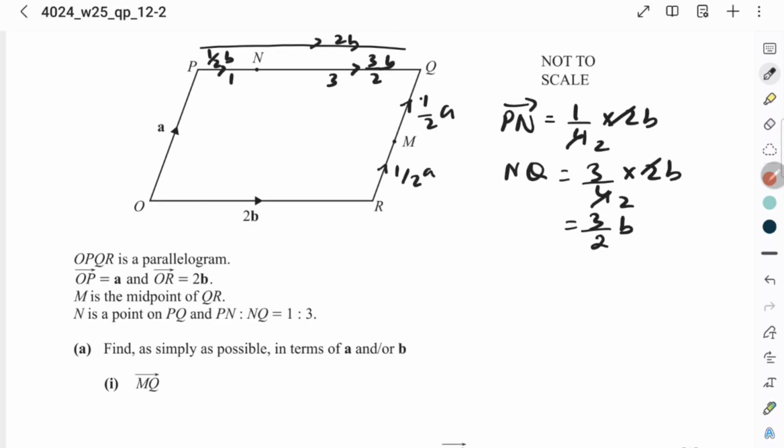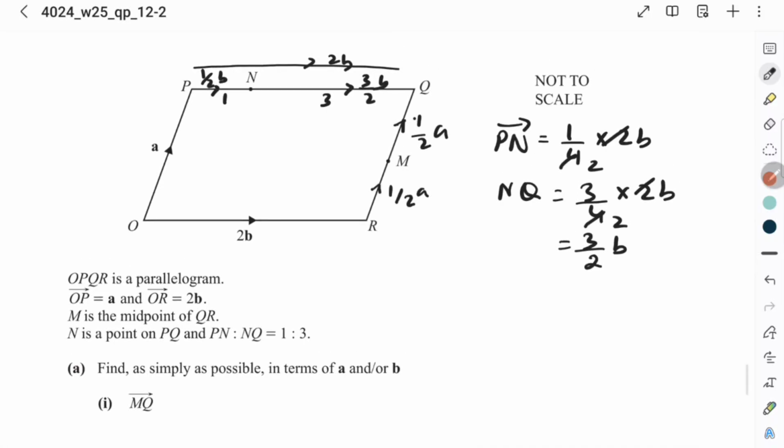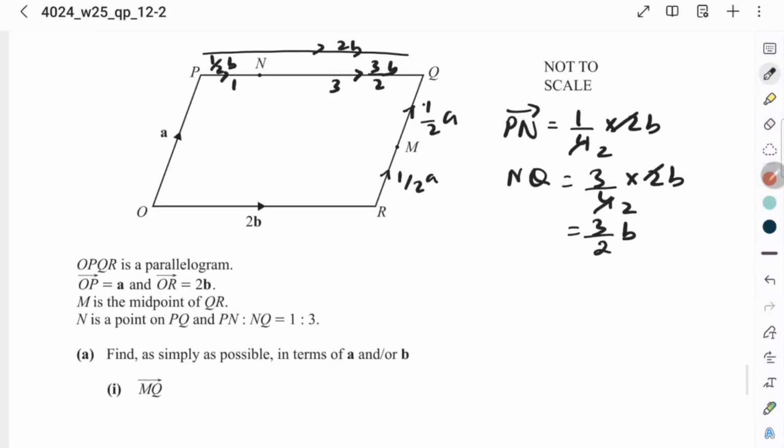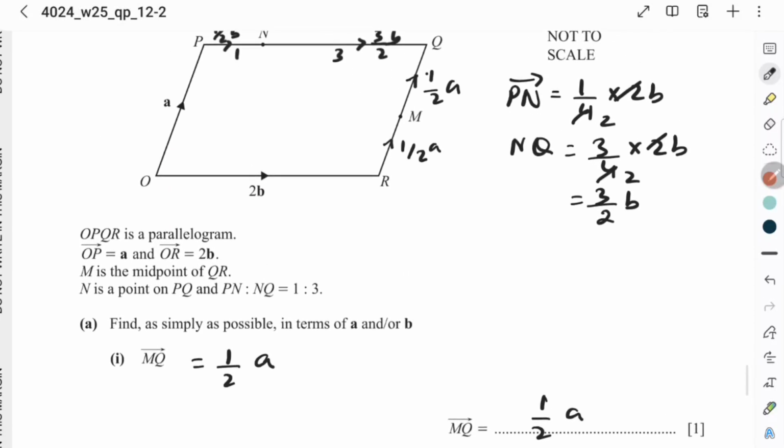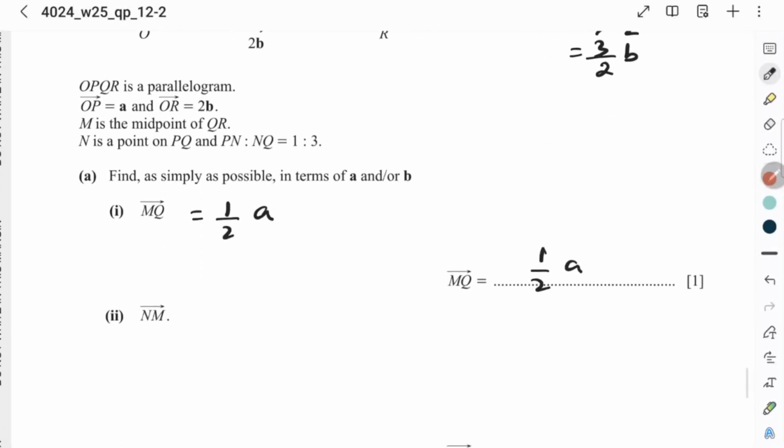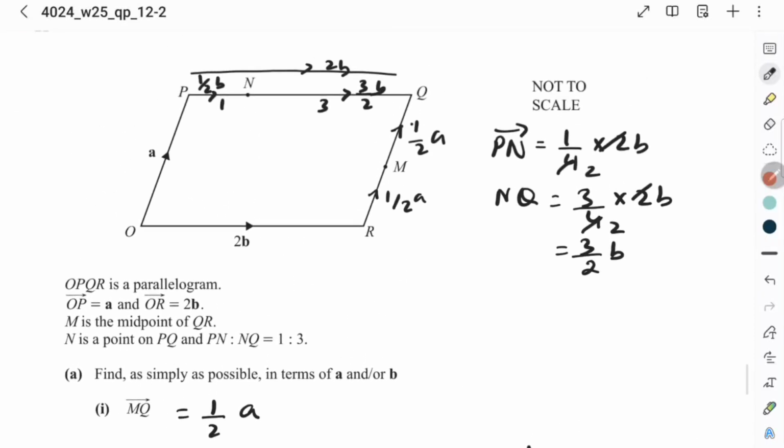So now find, as simply as possible in terms of a and b, NM and MQ. M to Q, you know that we have already found this is half of a. So that is half a. Or you can write that half of OP, which is equal to half of a. N to M is required. So it means that this much. N to Q and Q to M is N to M. Okay.